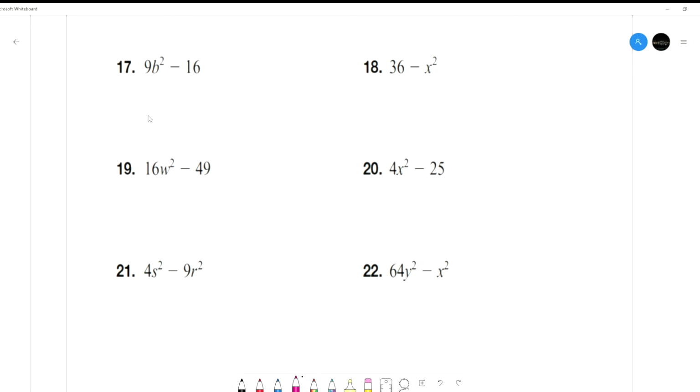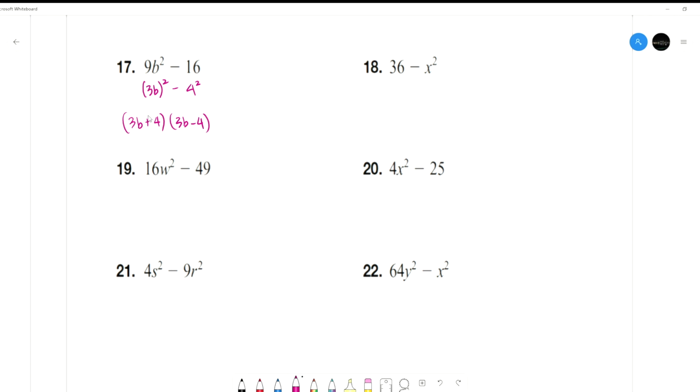Okay, so our first one, we know that this is actually 3b, right? And this is minus 4 squared, right? So this is difference of squares. That means our factors are (3b plus 4) times (3b minus 4).